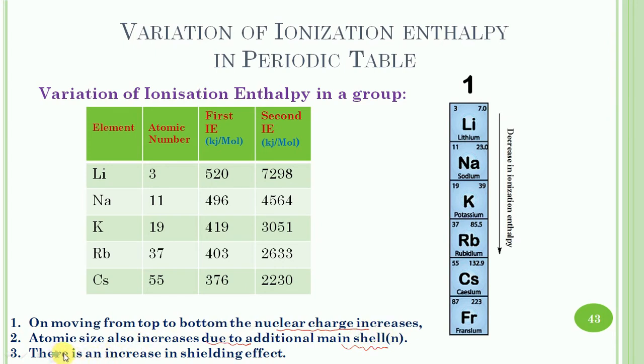And third, there is an increase in shielding effect on the outermost electron due to an increase in the number of inner electrons. So these are the three factors.